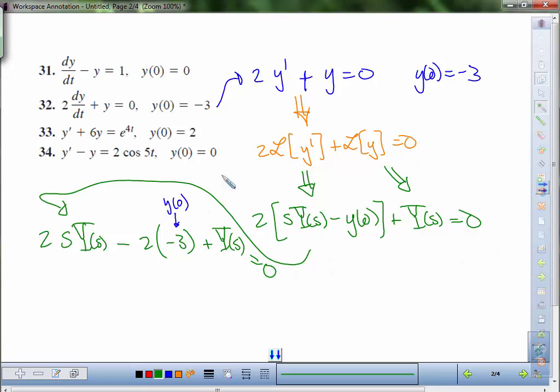I want to collect all the Y's, so I have 2s plus 1 times Y of s on one side, and negative 2 times negative 3, which is positive 6, brought over to the other side would be negative 6.